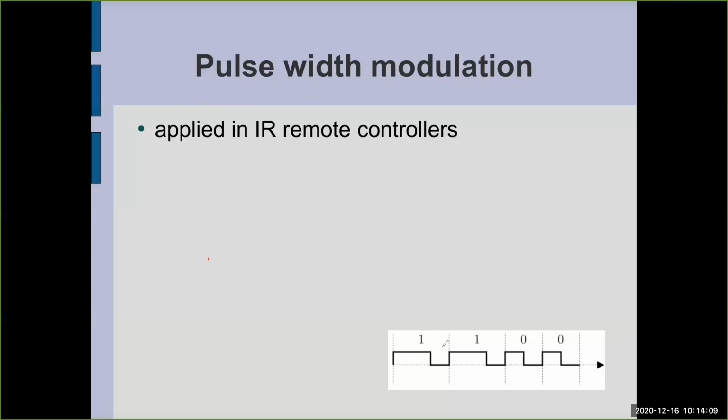It's similar to Morse alphabet. The duration of 1 and the duration of 0 is different, but for every bit we have 2 level changes per bit. One is encoded like this, so we can distinguish it using the duration of this phase.